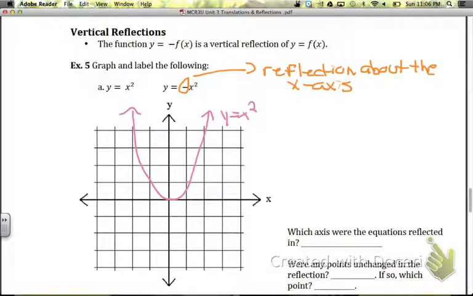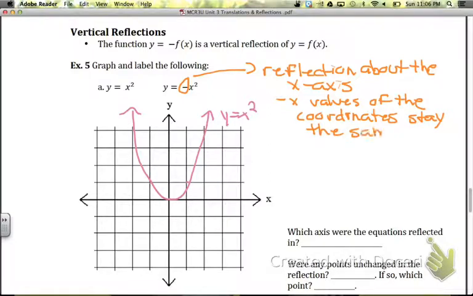So the x values of the coordinates stay the same. What is happening here is our y values change signs. So instead of being positive as it is in our y equals x squared, now all of those y values are going to be negative.